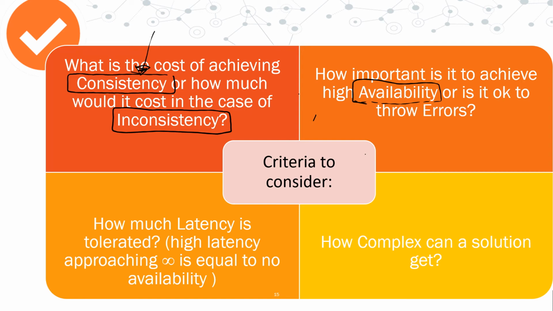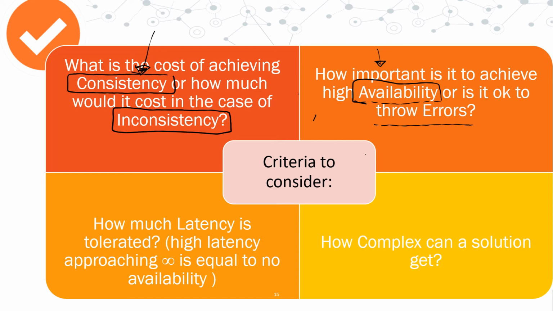Or is it okay if we throw some errors saying that the system is not available for the moment? So this is what you have to analyze. Because if you choose to let the system be consistent, then we need to relax the system to be unavailable for some time, right? Then is that okay?